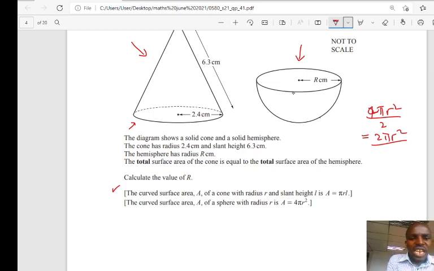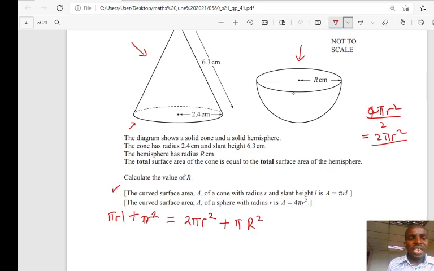So total surface area of the cone is pi rl plus pi r squared, that is the circle down. That curved surface area plus area of a circle is supposed to be equal to, on this hemisphere, curved surface area 2 pi r squared plus the area of the circle, pi times radius r squared, right?